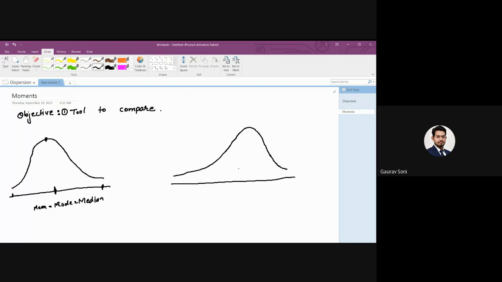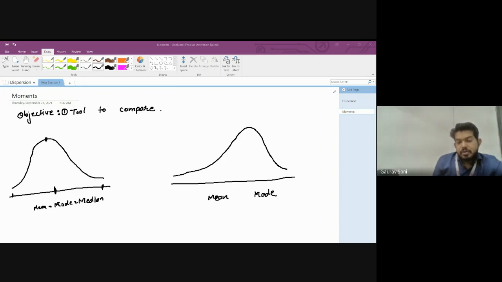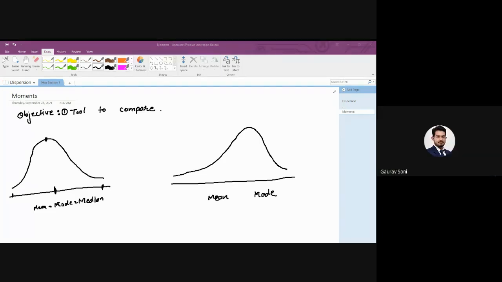In the second one, what will happen to the mean? What will be the relation? I'll just talk about mean and mode. Mode will be greater than mean. So the mean will be on the left hand side.